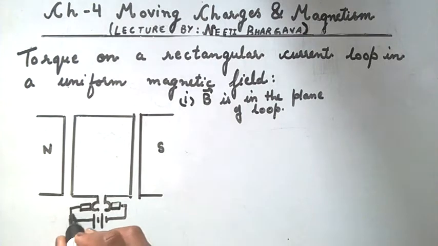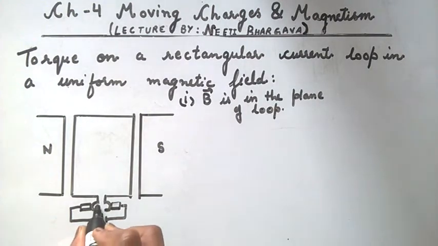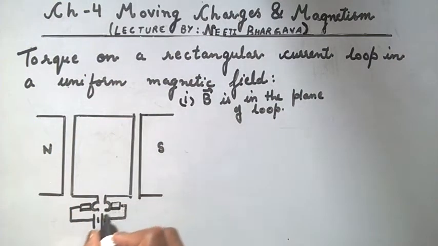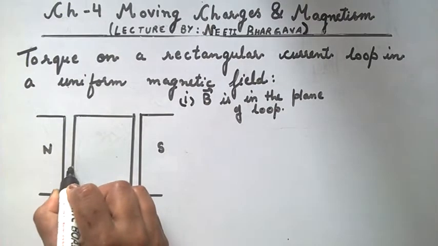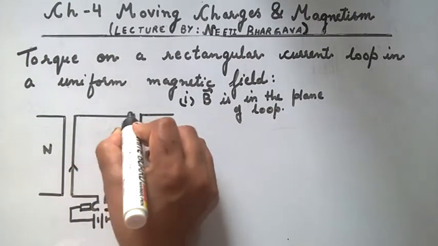The current passes through carbon brushes and then to the commutator and then through the whole coil. Here the current is in anti-clockwise direction.